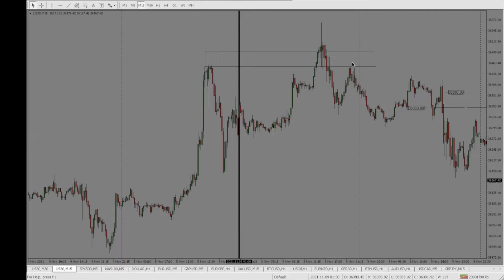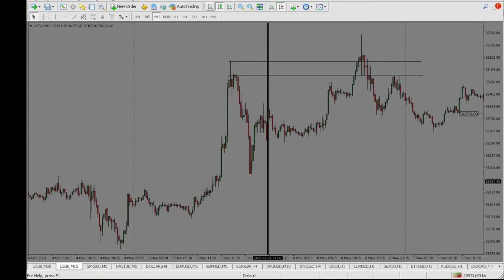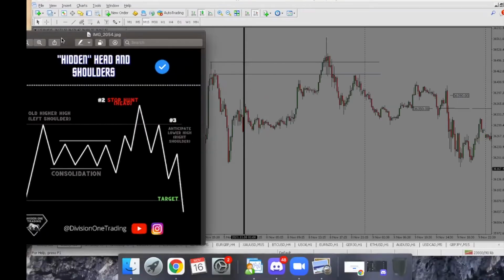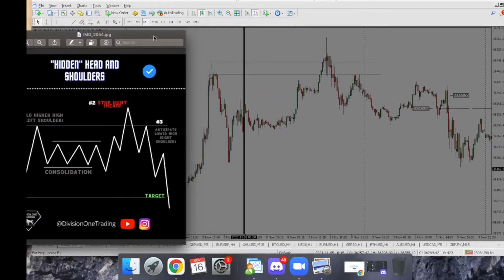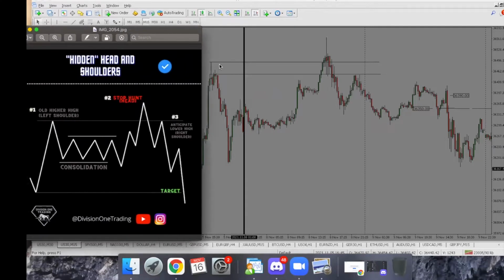So this here is pretty much the same setup that we have. We have the left shoulder here, right? Here's that shoulder. Then price trades down and we go into a consolidation there.